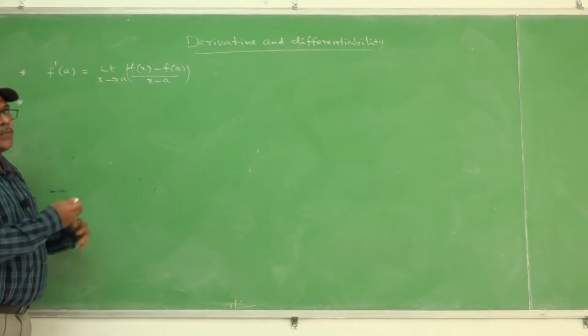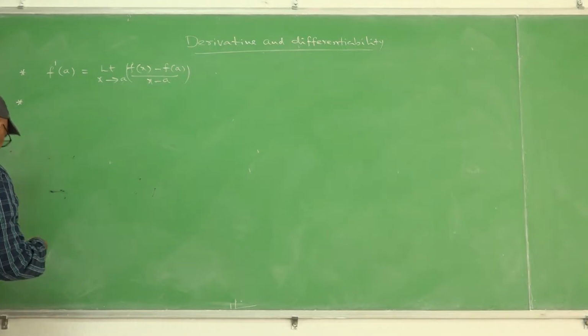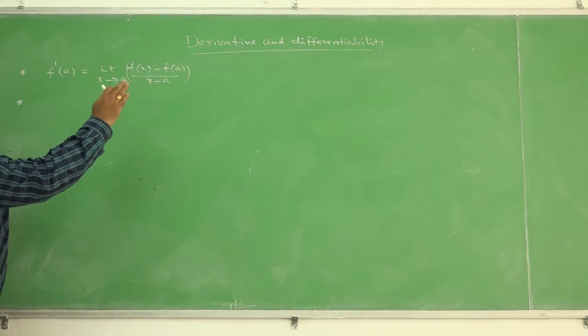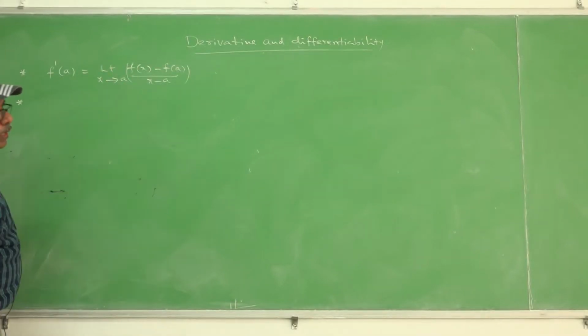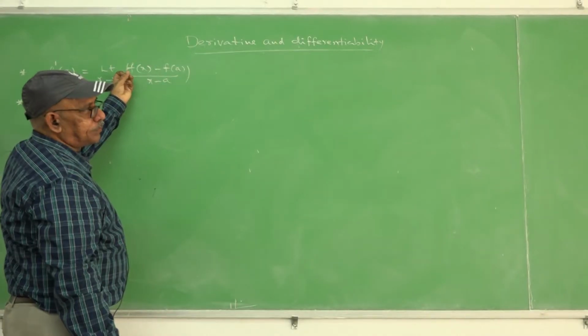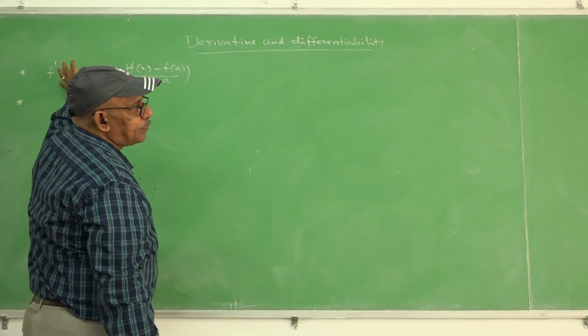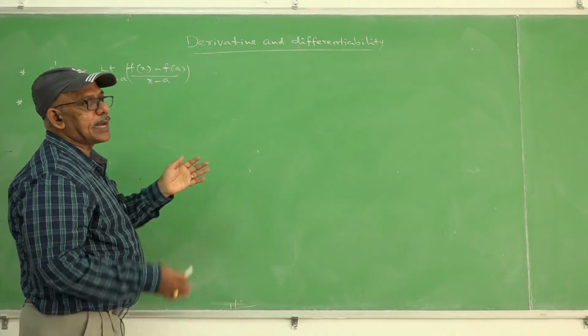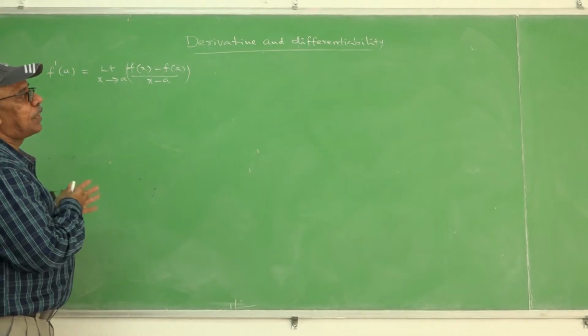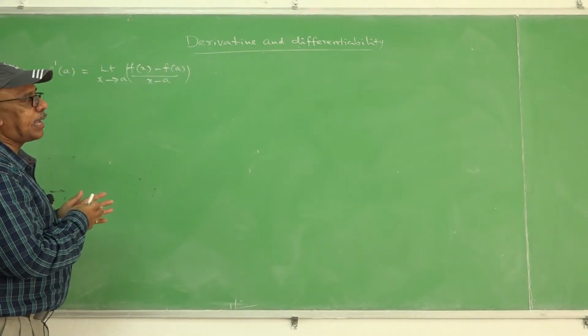So, differentiability is an adjective which announces whether the function has a derivative at a point or not. That is the difference between derivative and differentiability. Derivative means it is one kind of limit, it takes a finite value. That is called the derivative of the function. Differentiability means it is an adjective, and it announces that the function either has a derivative or not.